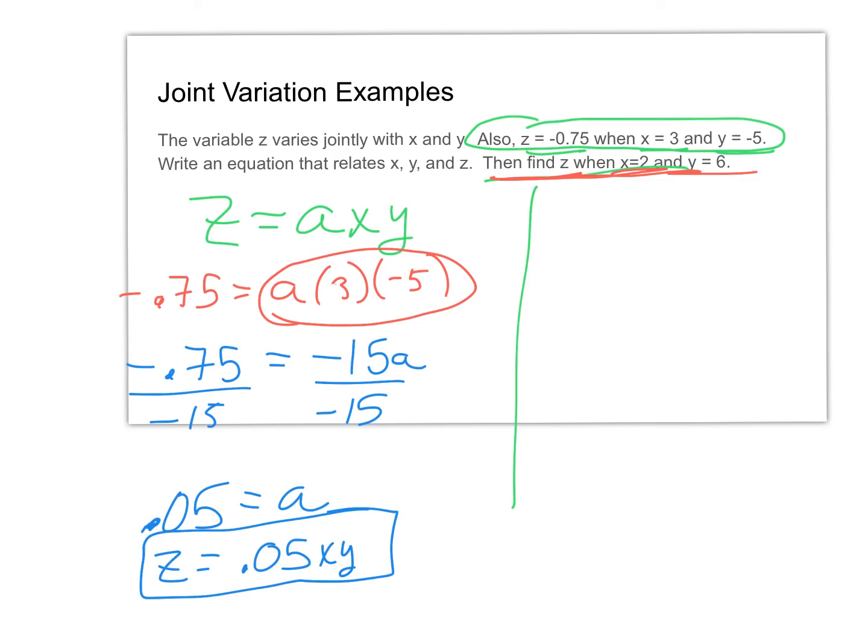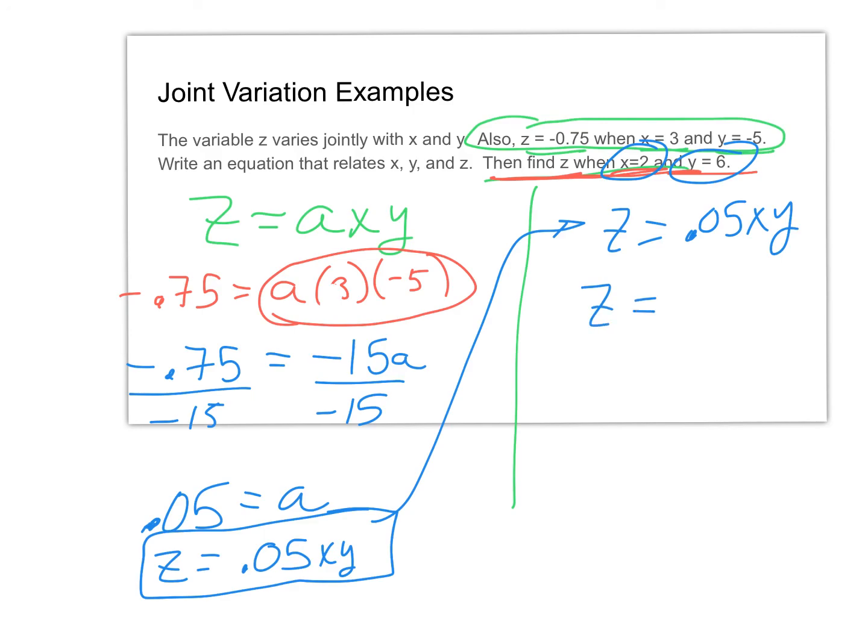Now, knowing this, so your equation z is equal to 0.05xy, they want you to fill 2 in for x, 6 in for y, and solve this out. So z equals 0.05 times x, which is 2, times y, which is 6.